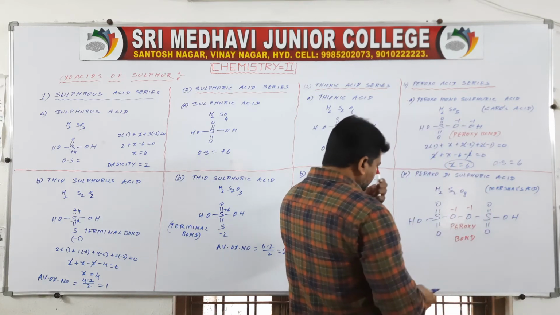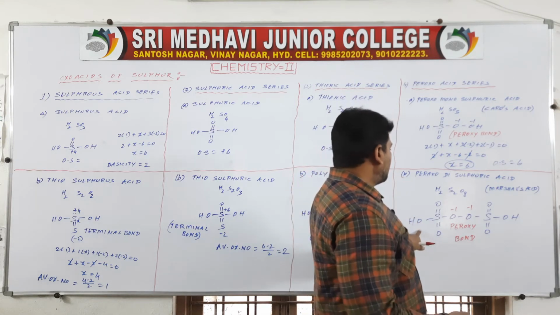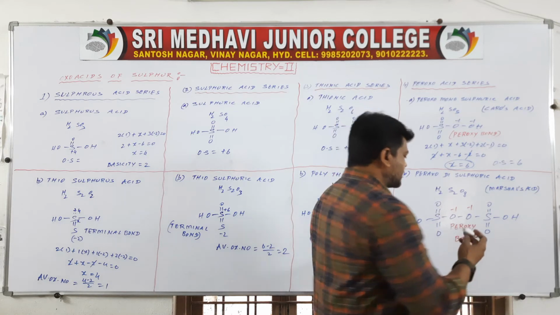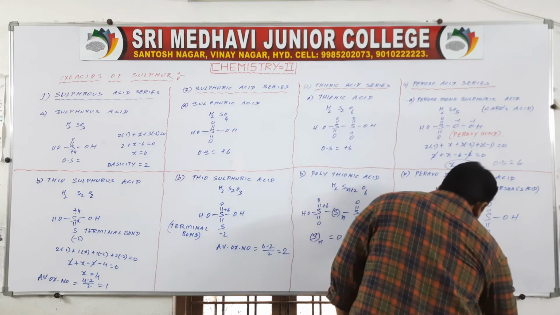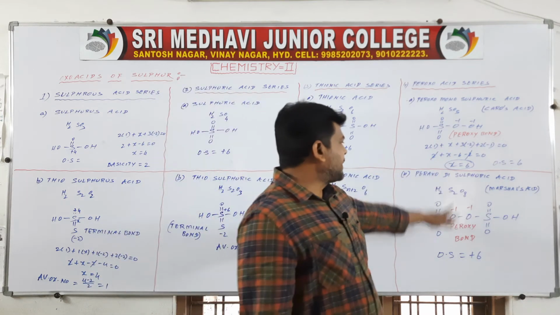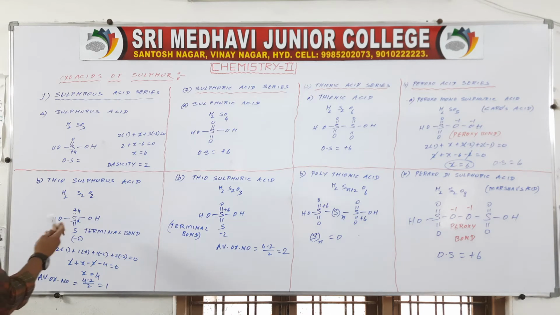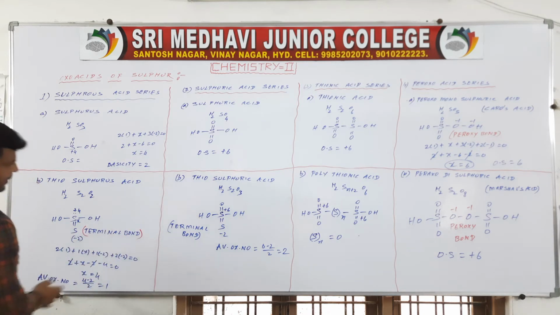So here minus 2, minus 2, minus 2. So the oxidation state of sulfur is equal to plus 6. So these two have a peroxy bond, the remaining do not have a peroxy bond. It is a terminal bond.